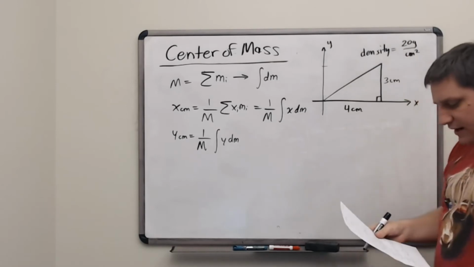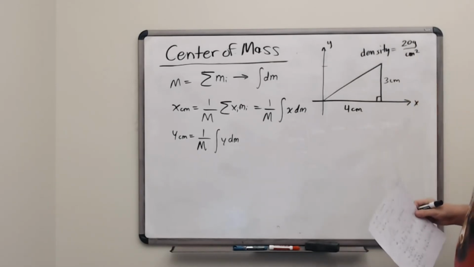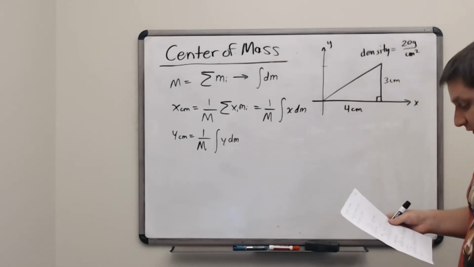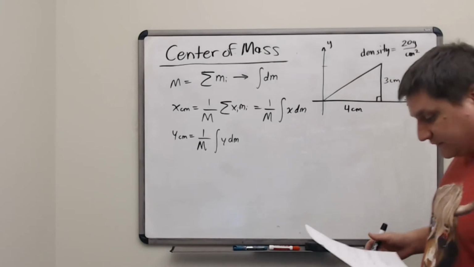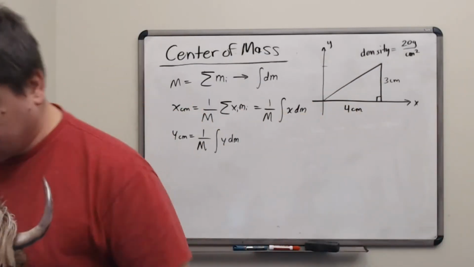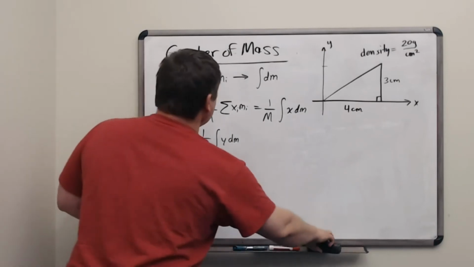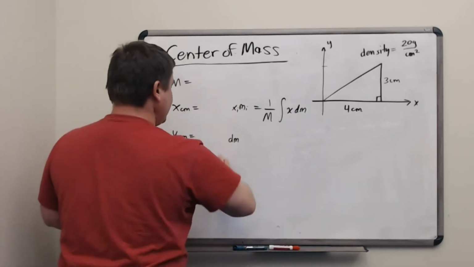And we'll give this triangle a constant density of 20 grams per square centimeter. So it's in 2 dimensions, grams per square centimeter. Okay, let's move these over.